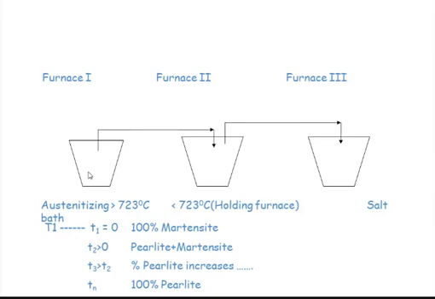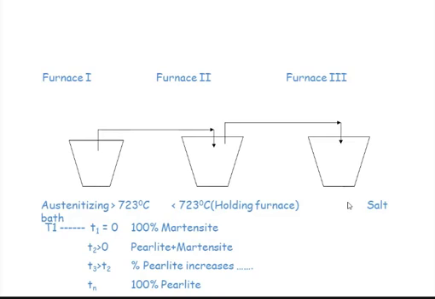Then we have a number of samples available, around 5 to 10 samples in furnace 1. The temperature of furnace 2 is less than 723 or 727 degrees centigrade, that is, the lower critical temperature line. And furnace 3 is a salt bath or brine solution.